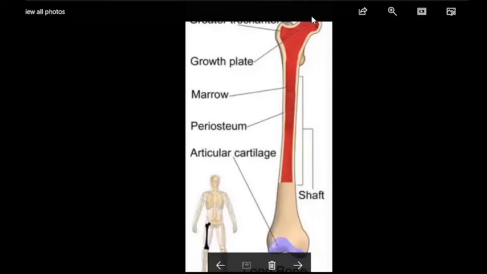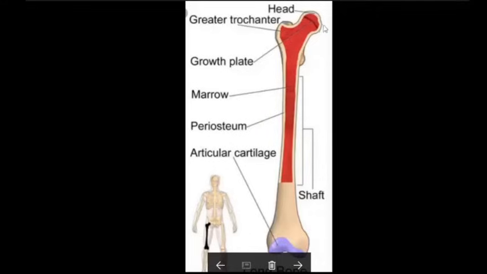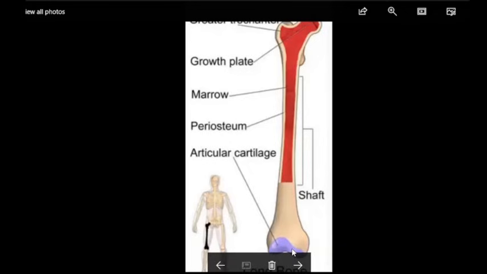It is a ball and socket, so it attaches into the acetabulum, and then we have other parts of this particular bone. You can see this red part here is showing the marrow. That is where the marrow is being produced, and underneath here it is attached to some other types of bones, joined in this part here called the knee.